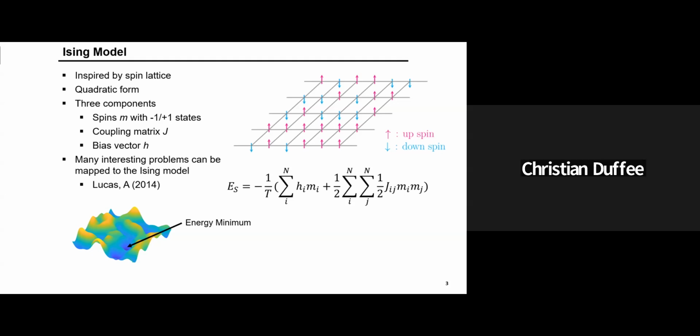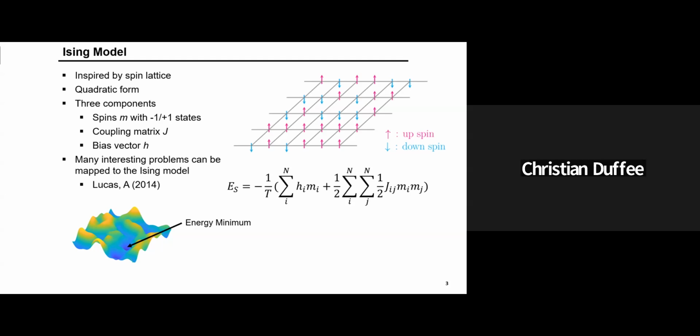Originally it was just one-dimensional and then two-dimensional, and then there was some discussion of three-dimensional lattice representation. But in general, for optimization purposes, we do not care about this geometric constraint, so we can imagine arbitrary coupling between spins through our coupling matrix.